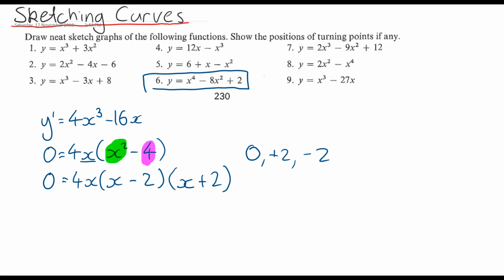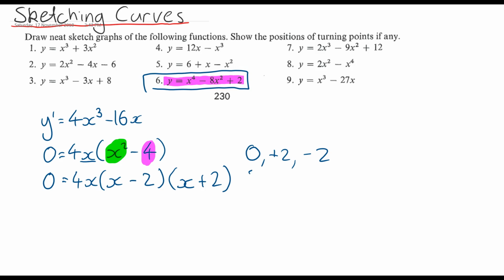So now I can start drawing it, but I'm going to need y values for those points. So I just sub those into the original equation: 0 to the power of 4 minus 8 times 0 squared plus 2. I sub 0 into that equation, and it gives me 2.